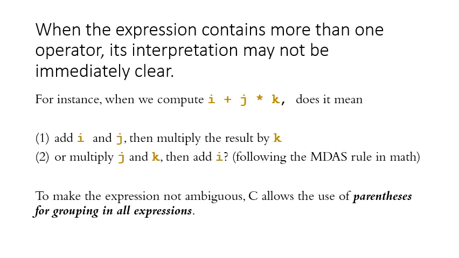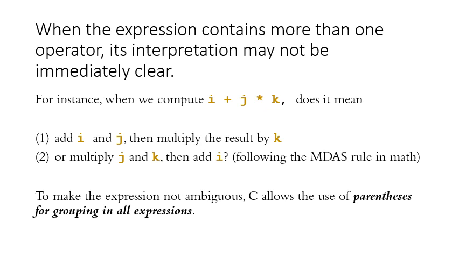For example, when we compute i plus j times k, do we mean to add i plus j, then multiply the result by k, or multiply j and k and then add i, following the MDAS rule in math?